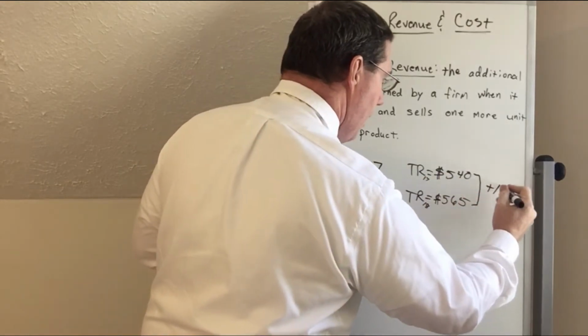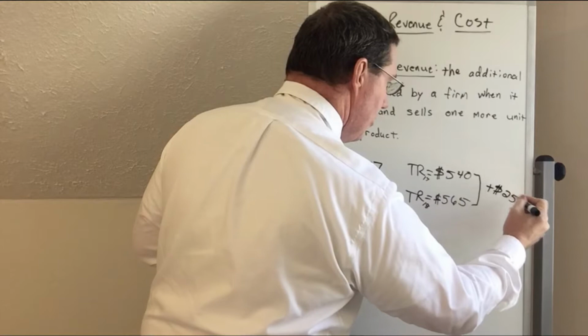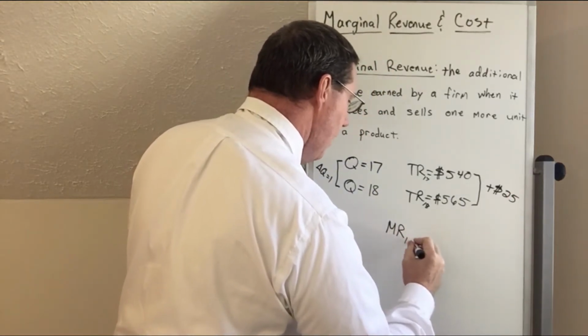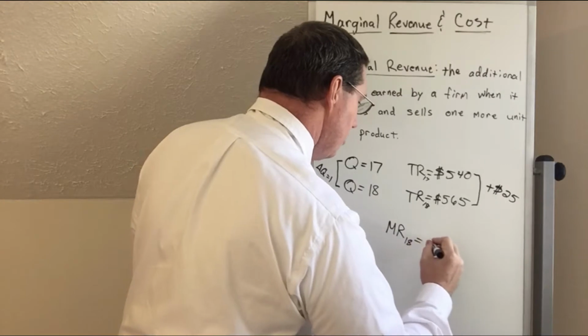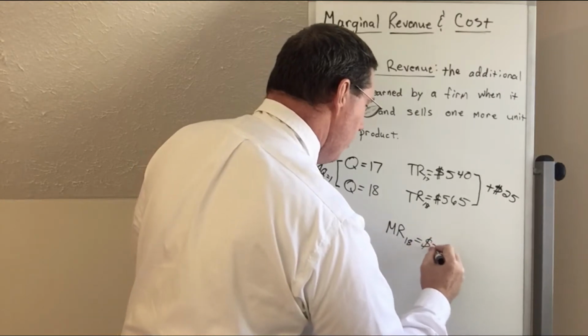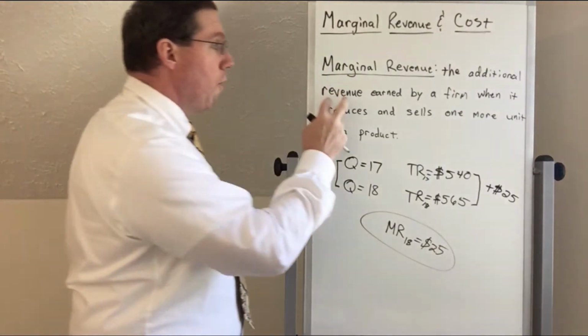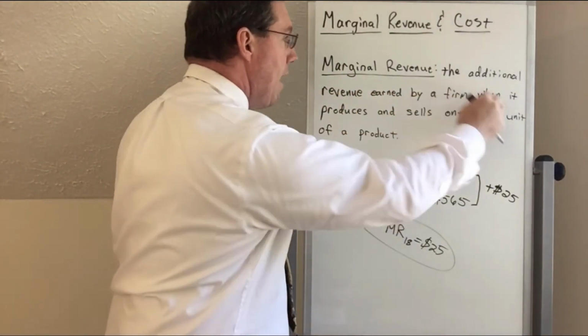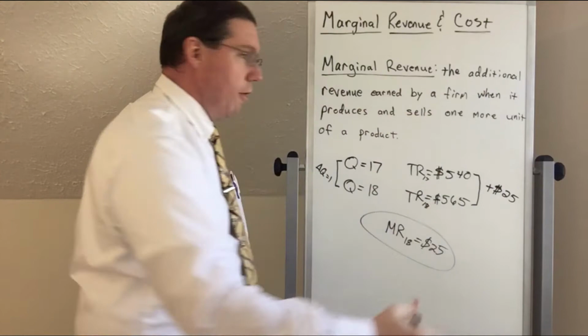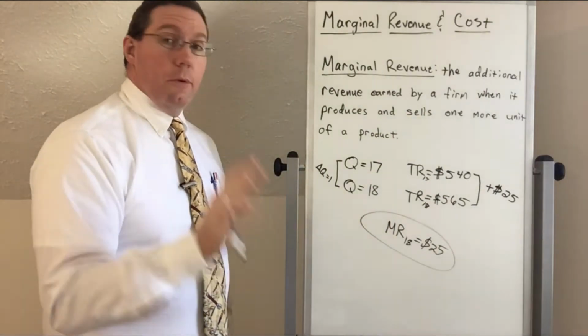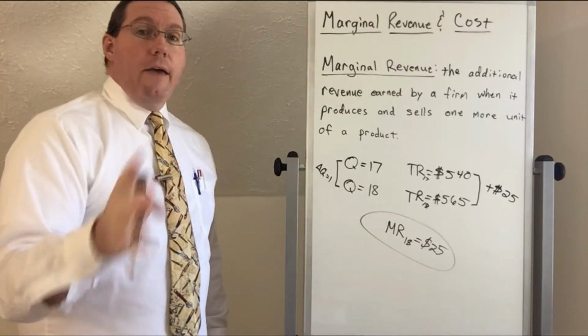We went up by $25, and therefore the marginal revenue of the 18th unit is going to be $25, okay? It is the additional revenue earned by a firm when it produces and sells one more unit of a product, okay?